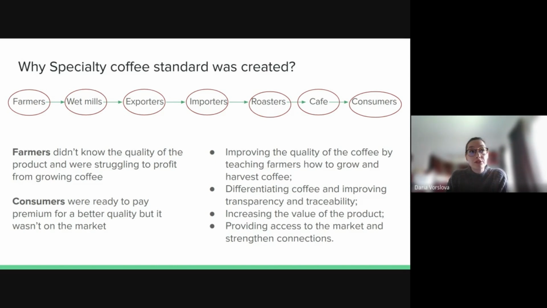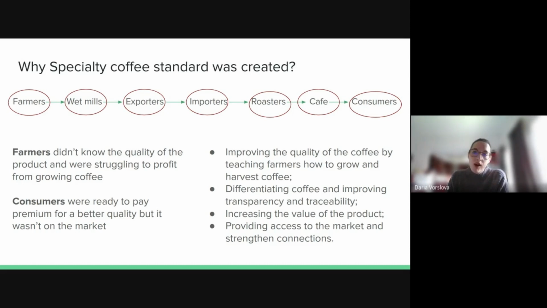And unfortunately, it's still happening. Not all the farmers who grow cherries have ever tried the coffee they produce. This is a crazy thing that shocked me when I was traveling to origins like Ethiopia or Kenya, basically African origins, because people there are super poor.